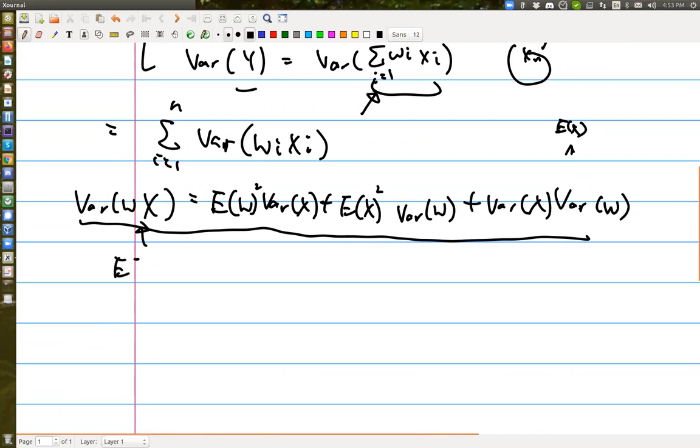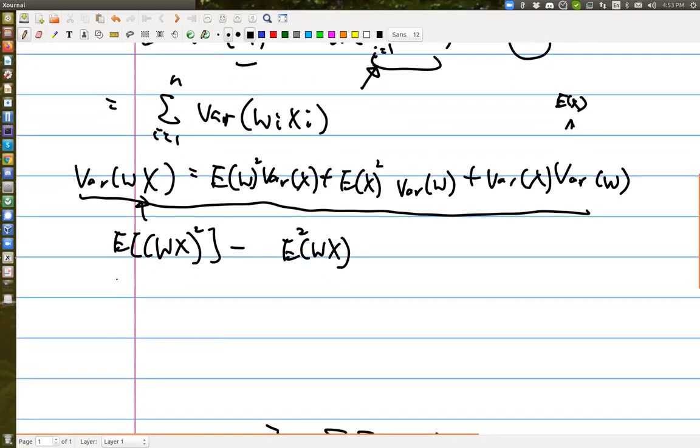The variance of wx will be the expectation of (wx) squared, and let's not even assume zero mean here, minus the square of the expectation of wx. You also know this equation, right? The variance of x is equal to the expectation of x squared minus the square of the expectation of x.